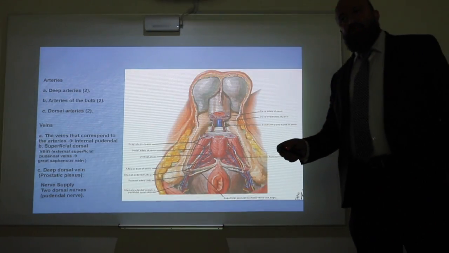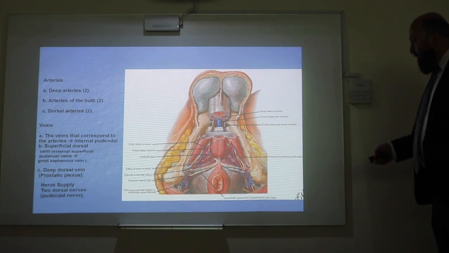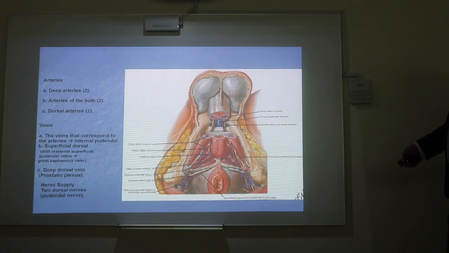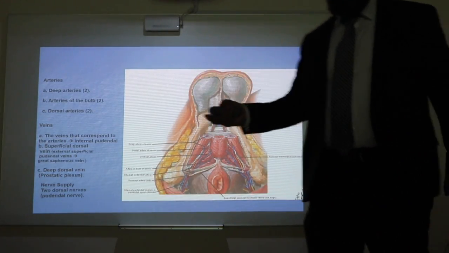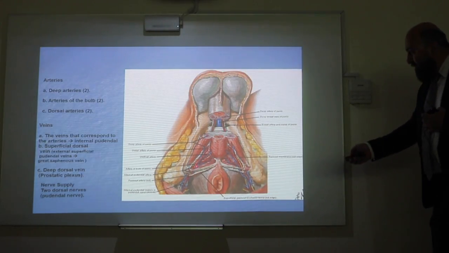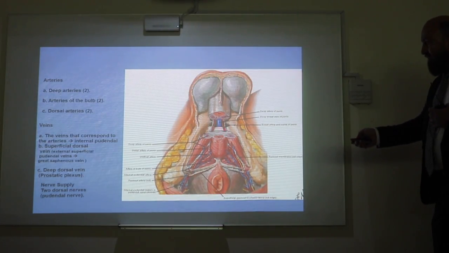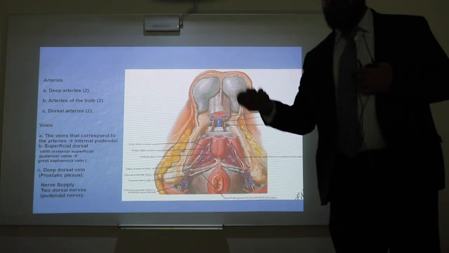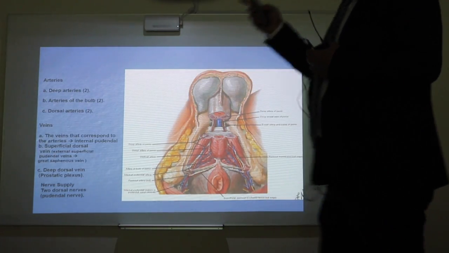What about the veins? Veins, similarly, from the bulb, from the crus, are going to drain into the internal pudendal, to the internal iliac. But these are not the only veins. Now remember yesterday we said that is the urogenital diaphragm, and there is a defect here, a gap just below the symphysis pubis, and we said that is for the passage of the deep dorsal vein.